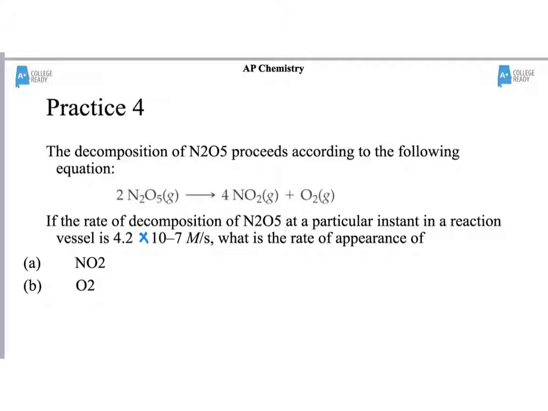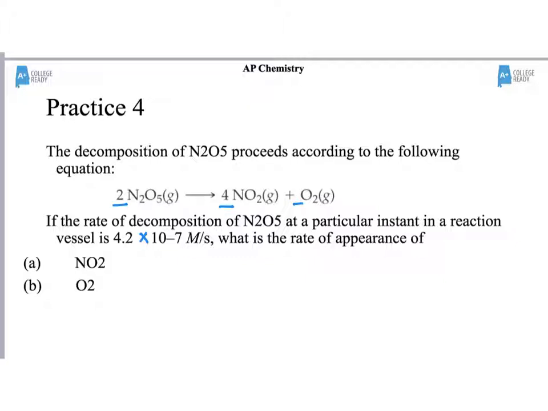All right, let's practice again. The decomposition of N2O5 proceeds according to the following equation. So for every 2 N2O5, I'm going to make 4 of these and 1 of those. So 4 nitrogen dioxides and 1 oxygen. All right, before we even get to the question, which one's going to go fastest?